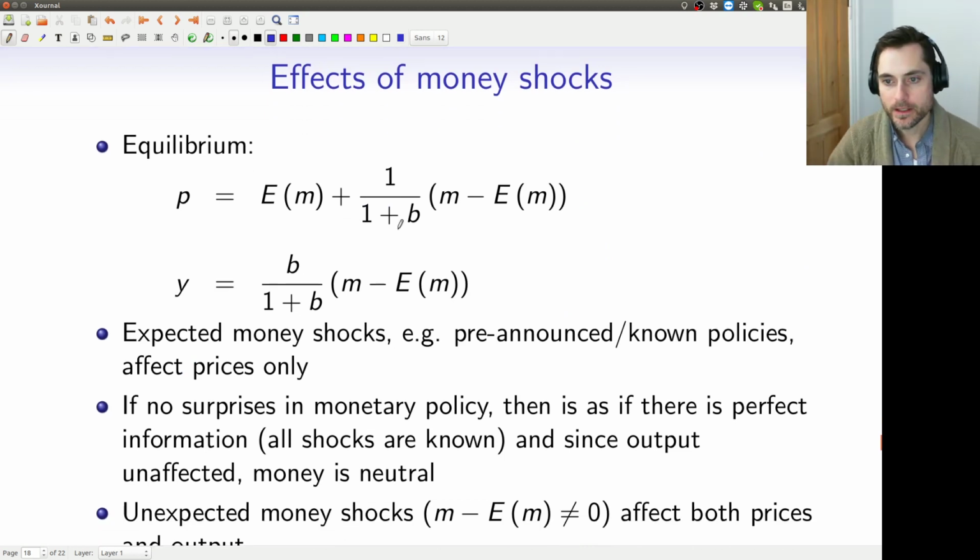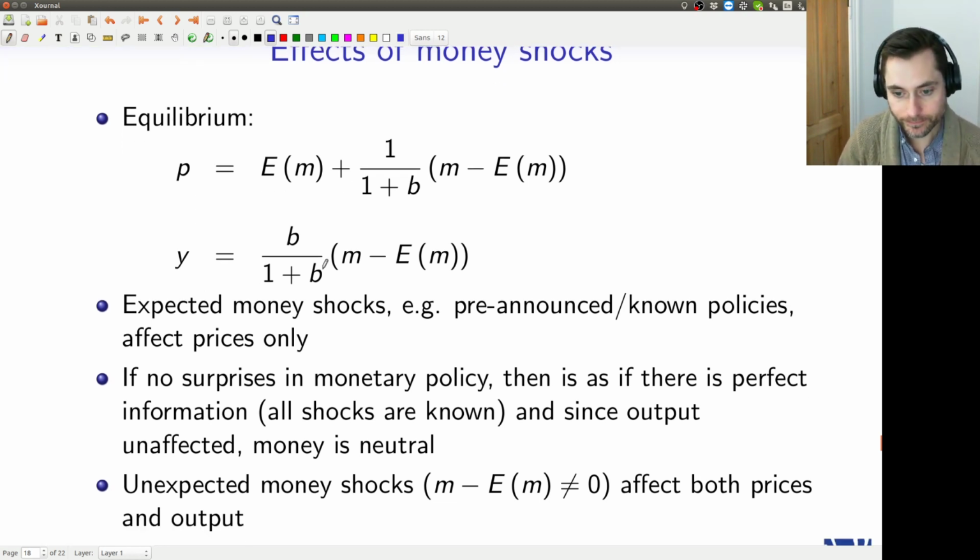Pre-announced monetary shocks don't do anything in this model, because if M is equal to expectation of M, this goes away, and the price is just the expectation of M. And here, if M is just the expectation of M, if there's just a pre-announced money supply change, then you can see that it's not going to have any effect on output.